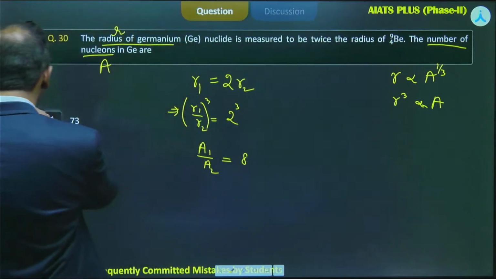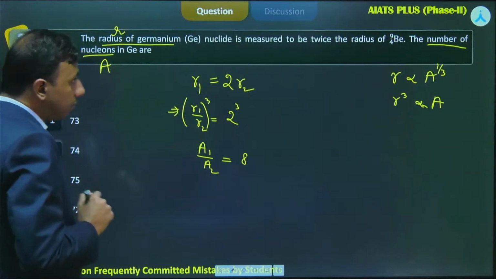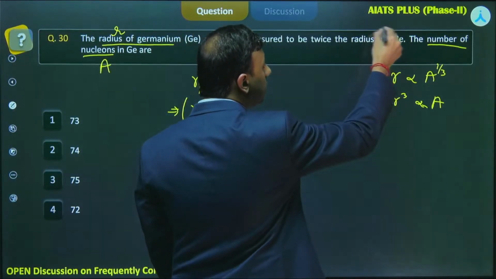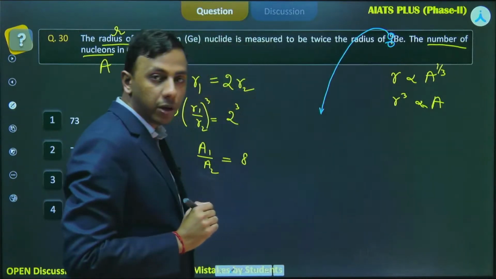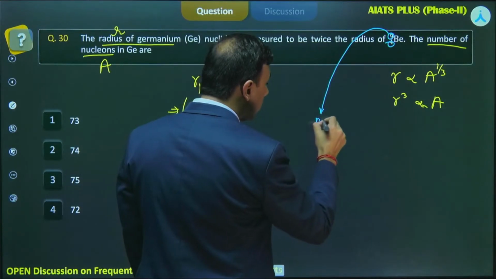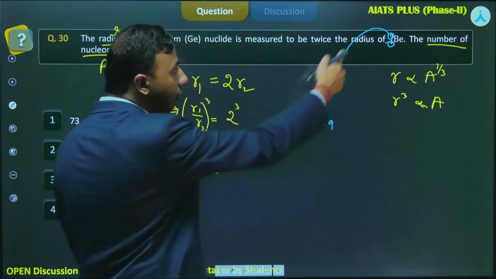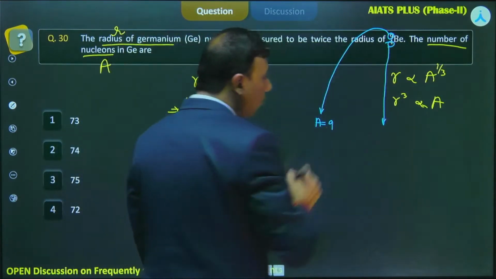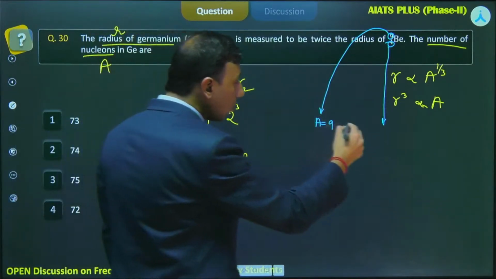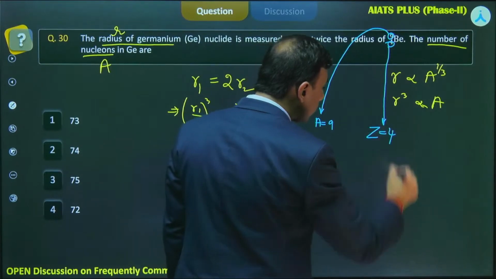And if you see in beryllium, this 9 is what we call the mass number, the figure written at the top. What is this 4? 4 is the atomic number, which means the number of protons, so Z is equal to 4.